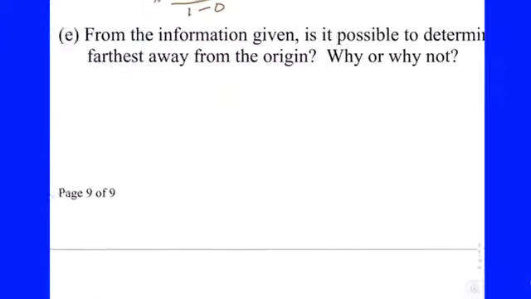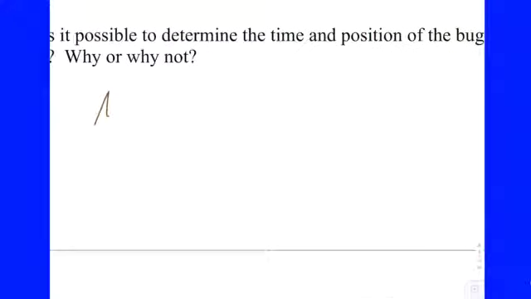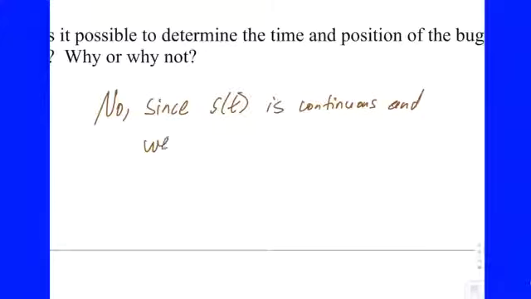So we would say no, since S of t is continuous, and we only have, what did you say, Kevin? Actual points, or... I'm sorry, louder?